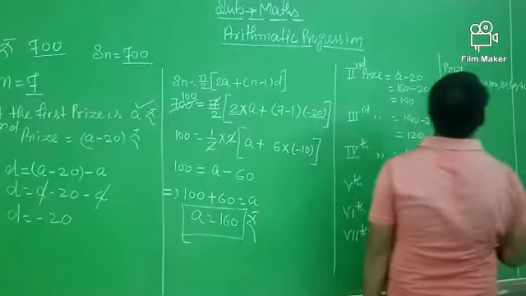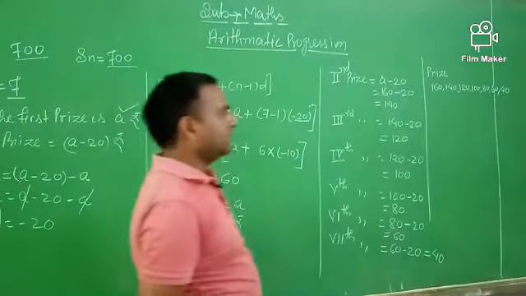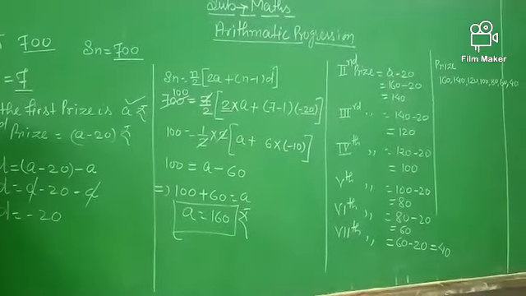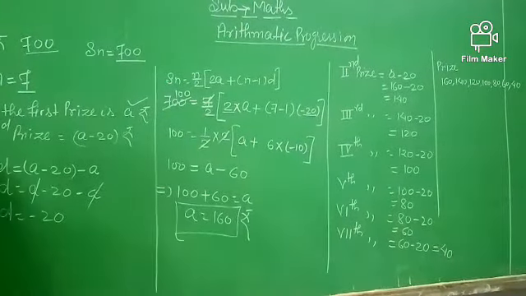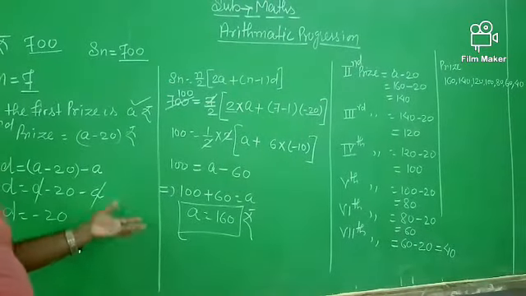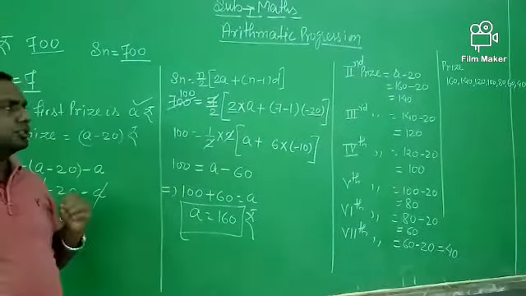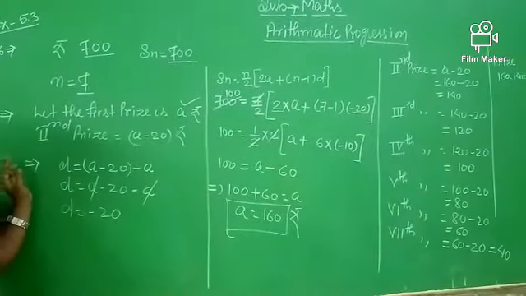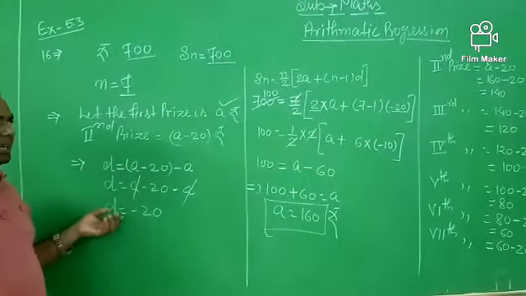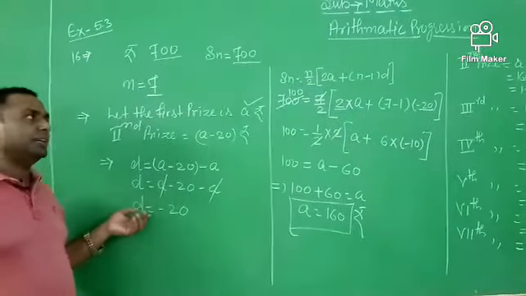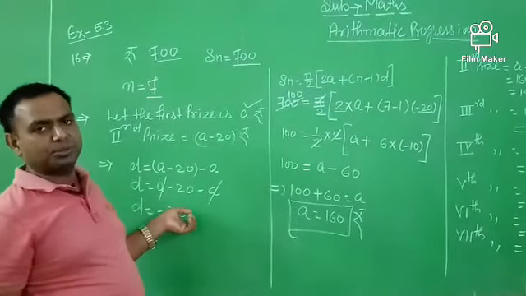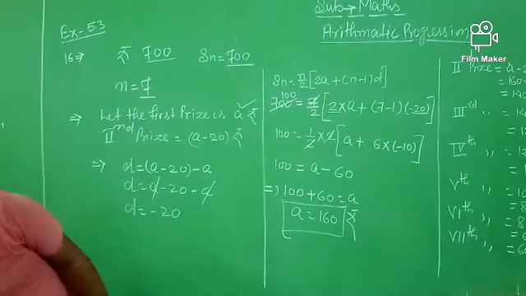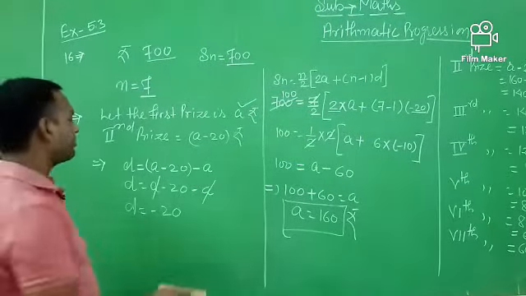These are the prizes provided to the students of that class. So I think all of you understand this question, and you can solve various questions related to these problems. Apply the formula Sn is equal to n by 2 bracket 2a plus n minus 1 into d.